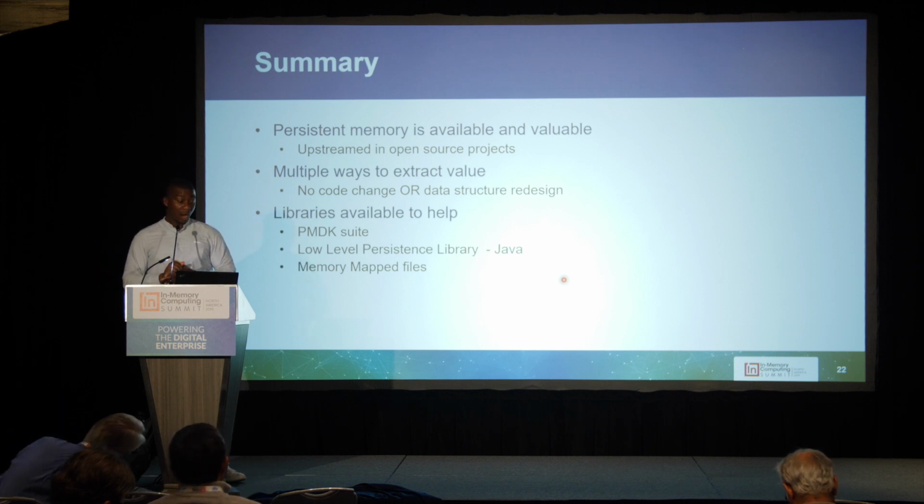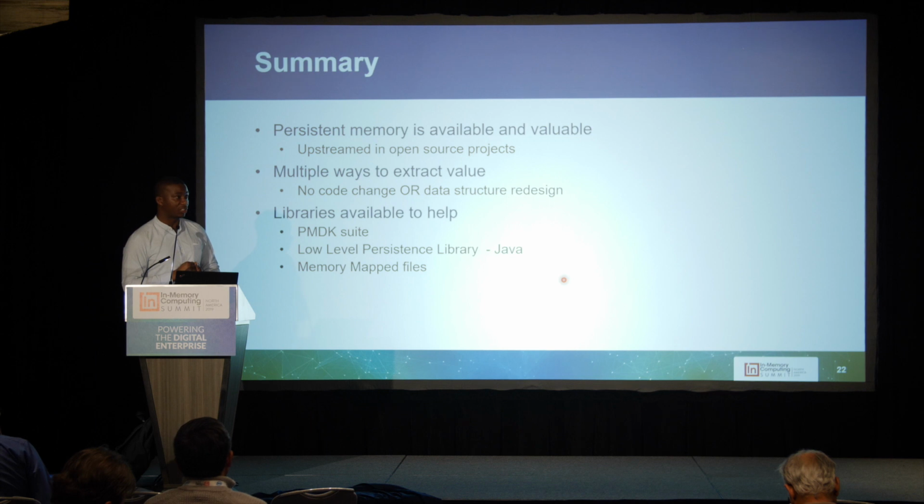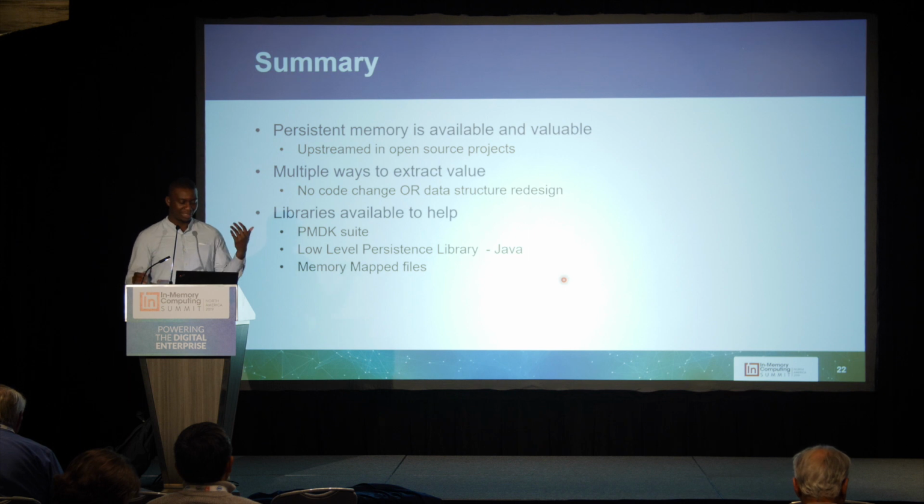Also, there are libraries available to help with your persistent memory needs. I talked about the PMDK suite of libraries, which is open source. Also, the low-level persistence library for Java, which, as the name suggests, is a low-level persistence library for Java, which I helped to implement. These are all ongoing projects that you could contribute to. There are links in the next slide.